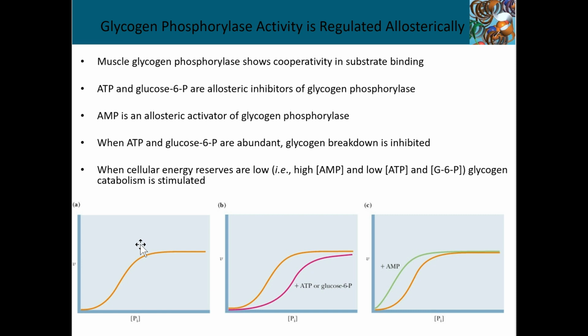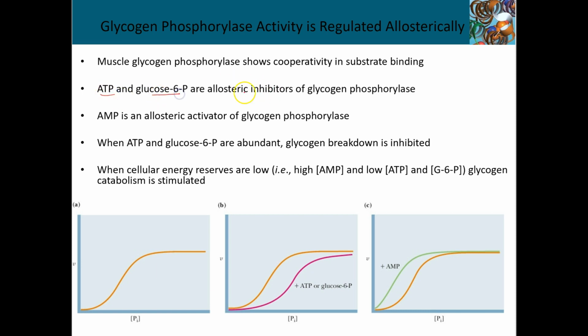So the overall gist of this is that, yes, glycogen phosphorylase is regulated allosterically. Muscle glycogen phosphorylase shows cooperativity in substrate binding. ATP and glucose 6-phosphate, remember, which is one step away from glucose 1-phosphate, are allosteric inhibitors of glycogen phosphorylase.